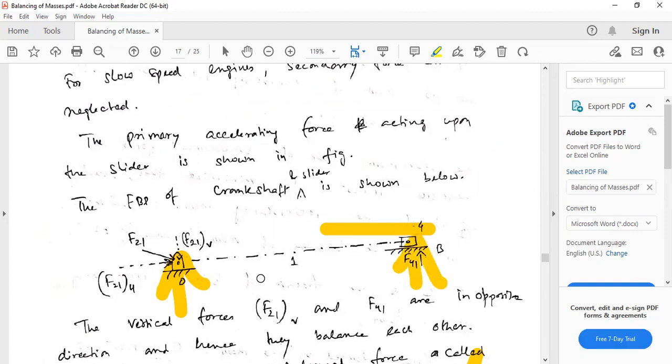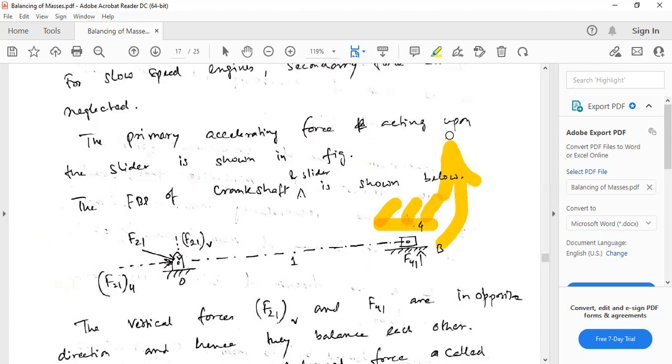The slider is in between these two guides. It is enclosed between some kind of link, so this slider cannot go up or down. It can only slide.